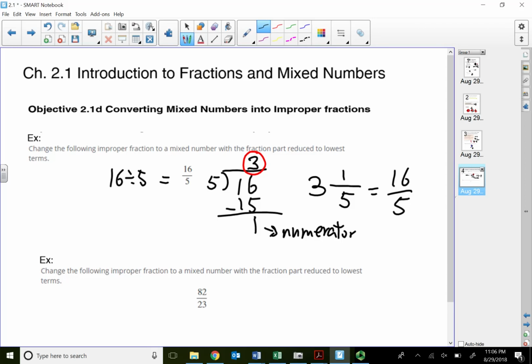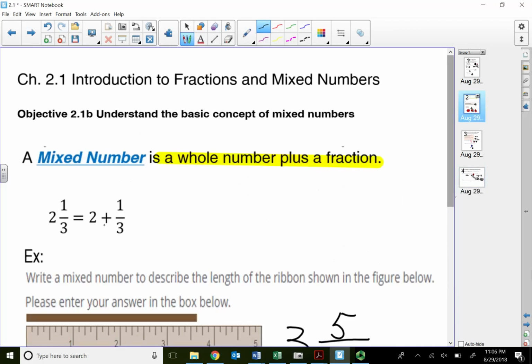So let me write this down here below. Basically a mixed number is taking the quotient, the answer after you divide, plus the remainder over the divisor. Remember in the previous lecture video we said that a mixed number is always a whole number plus a fraction.